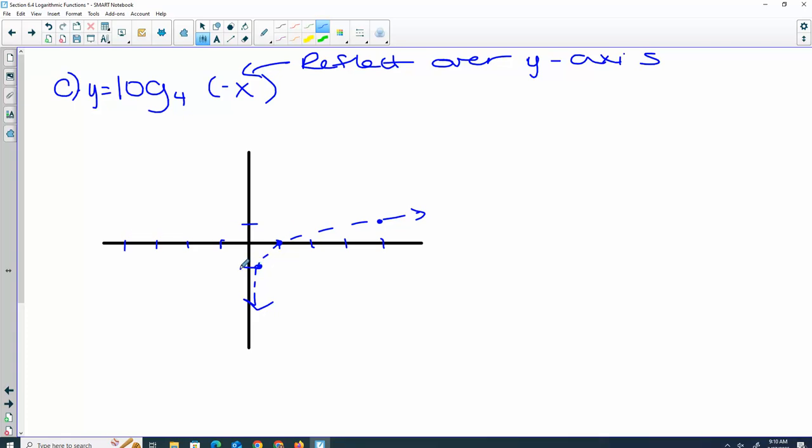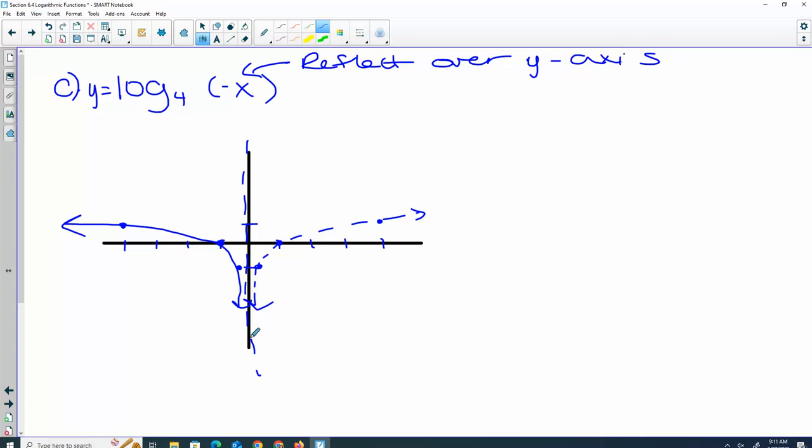So if I move each of these points over the y-axis, it's going to look like that. Asymptote didn't move. On a log, the asymptote will only move if you move your graph left or right.